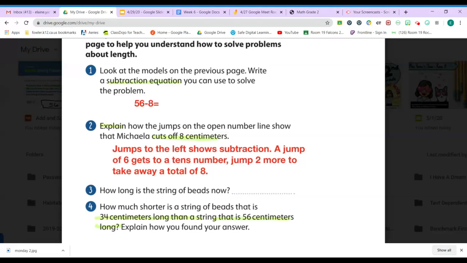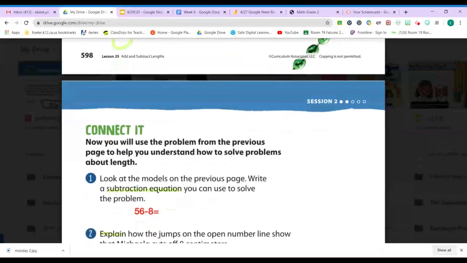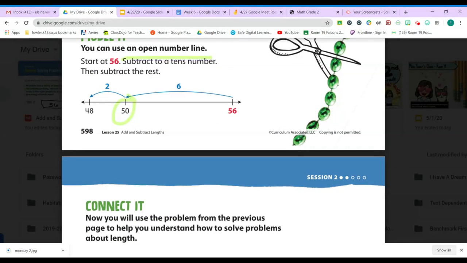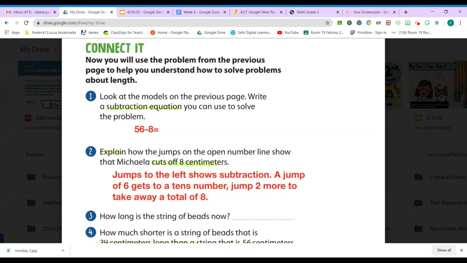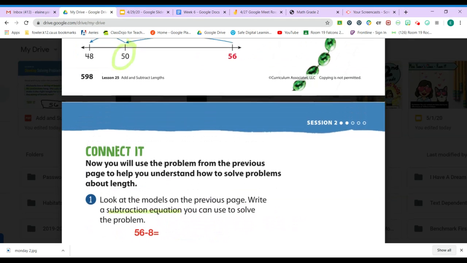2. Explain how the jumps on the number line show that Micaela cut off 8 centimeters. Well, if you look up here at this one, she jumped 6 and then she jumped 2. A jump to the left shows subtraction because that means you're getting closer to 0. A jump of 6 gets to a tens number.